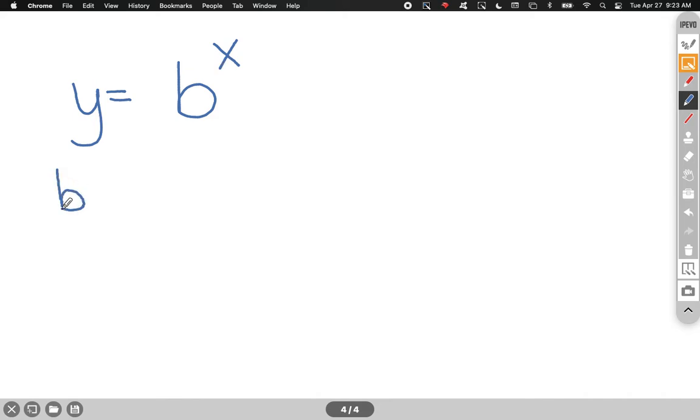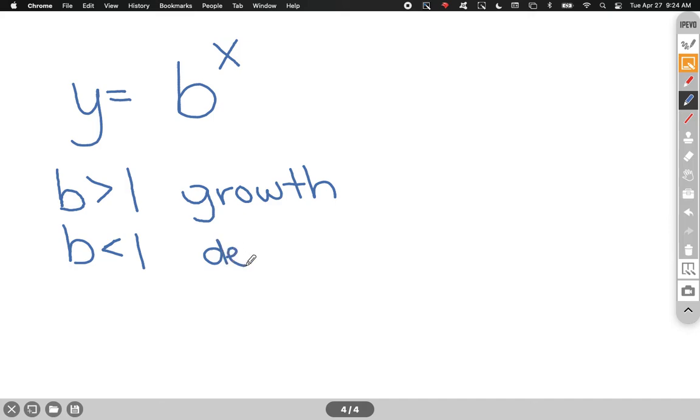If your base is larger than 1, it is growth. It doesn't matter if it's a fraction, decimal or a whole number. As long as it ends up being bigger than 1, it's going to show growth. And if it's less than 1, it shows decay.